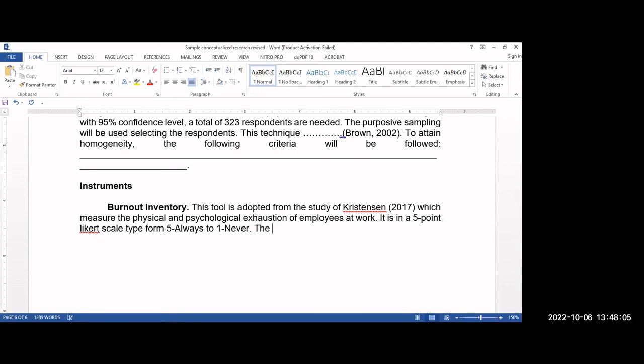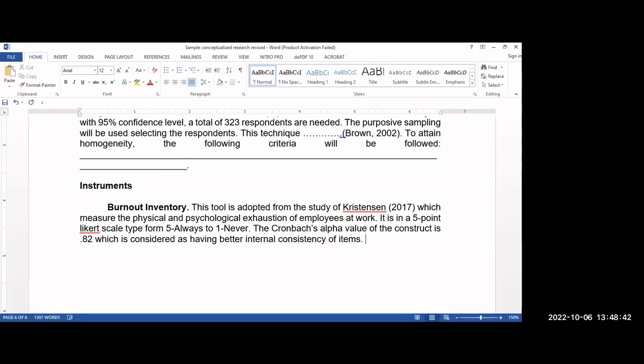The Cronbach's alpha value of the construct is 0.82, which is considered as having better internal consistency.